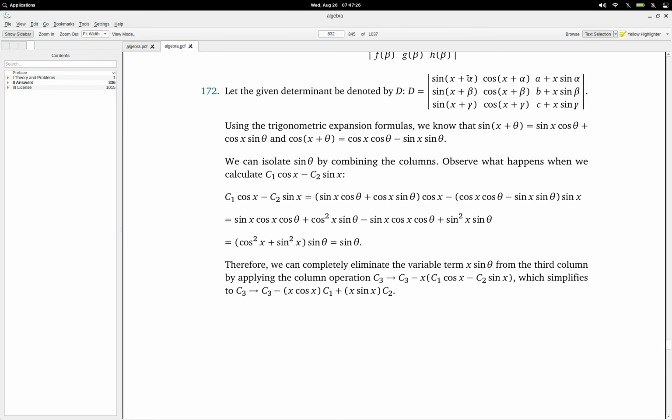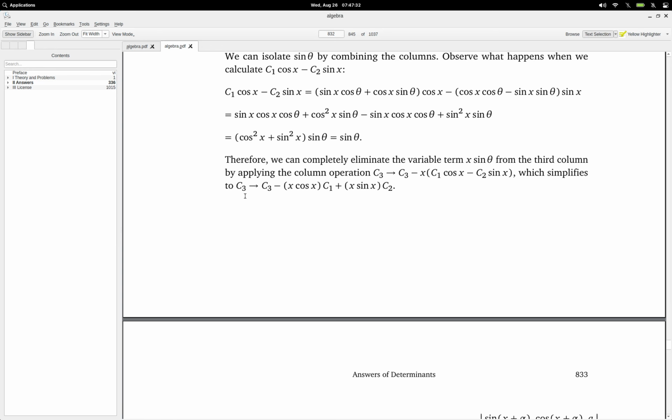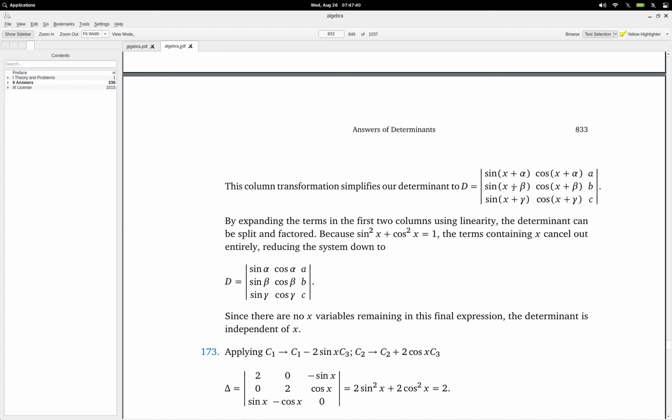So here theta means alpha, beta, gamma. Okay? We are talking about alpha, beta, gamma. So what we do is we perform column 3 is equal to column 3 minus x cos x C1 plus x sin x C2. Once you do that, the third column will become A, B, C. And now what you can do is you can split the first two columns and we'll get 4 determinants.